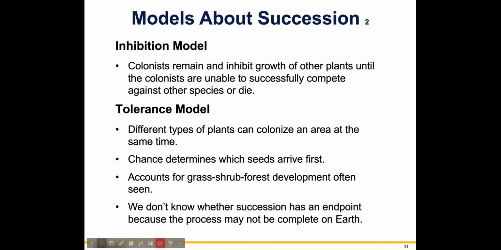There is also what is called the inhibition model, which is where our colonists that were there and were able to latch on in the environment, they remain and they prevent the growth of other plants. And really, until the colonists are unable to successfully compete against the other species, they remain there.